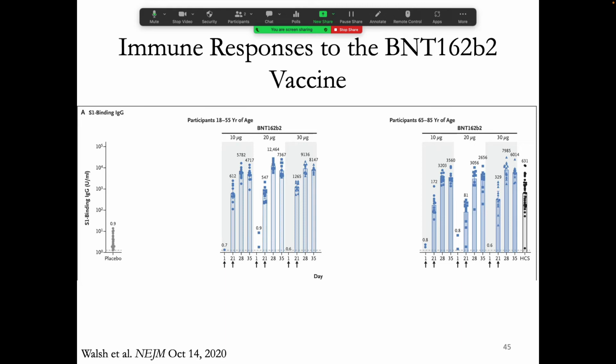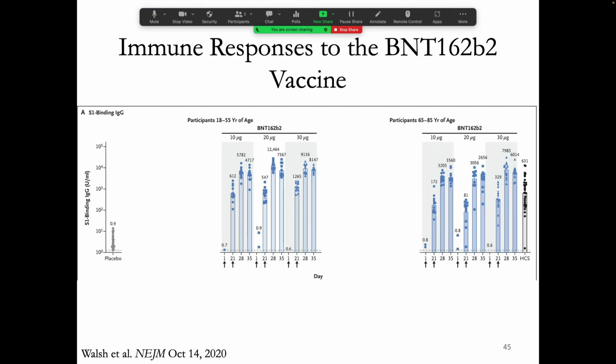One of the things to notice about these data is how wide this spread is for those individuals who had COVID compared to the people who got vaccine. So yeah, some people who get COVID make a lot of antibodies, but some don't. Everybody who gets the vaccine makes a lot of antibodies.